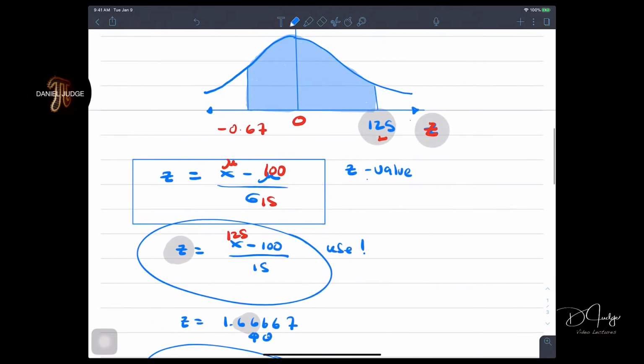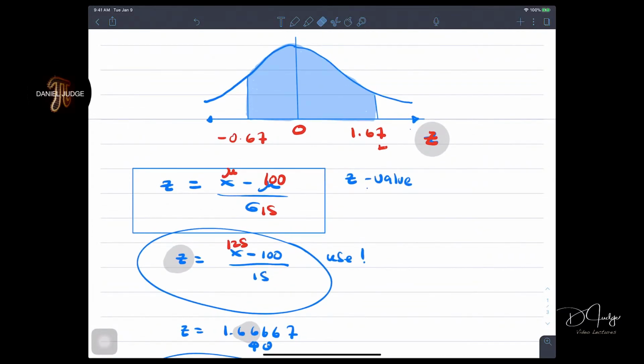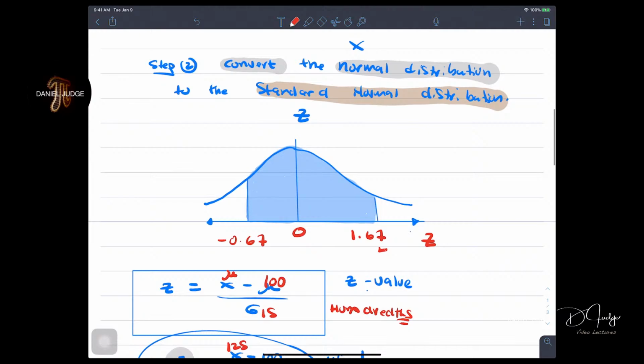So ladies and gentlemen, this is our conversion here. So this is 1.67 now. We have converted every x value to a z value, and you always approximate this to the hundredths. And that's our step 2.